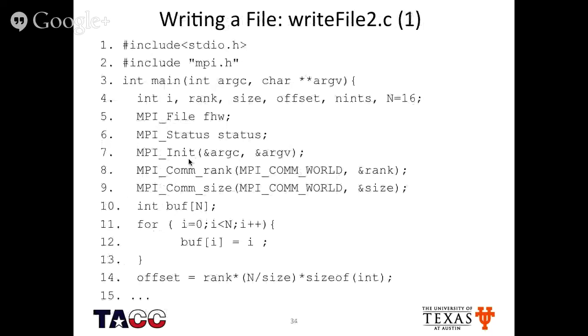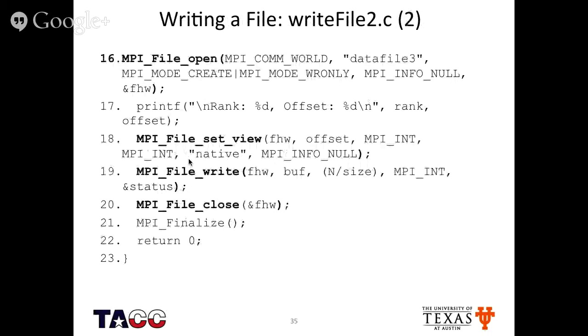So everything in the example write file at is the same till line number 17. From line number 18, you would see that I have two APIs, one with set view and one with write, in order to do the writing to the file named data file 3. And I'm opening this file in create mode and write only mode. So basically, that's all to it. Just to demonstrate how to use two APIs in two different lines rather than having one API do the job.